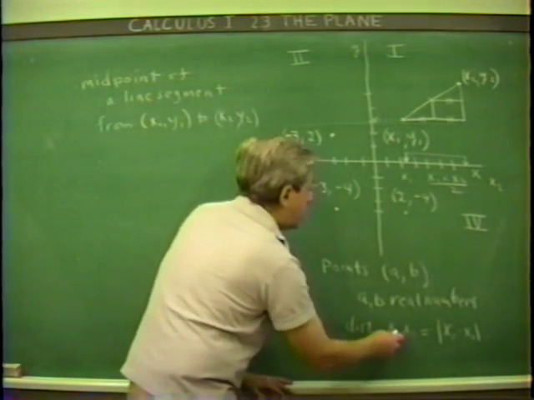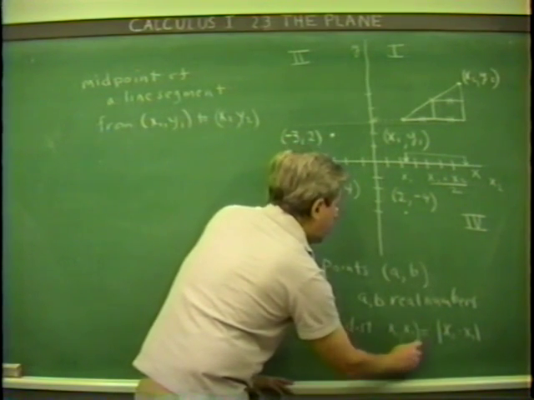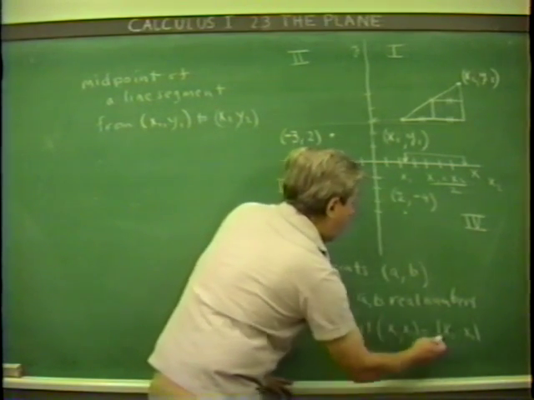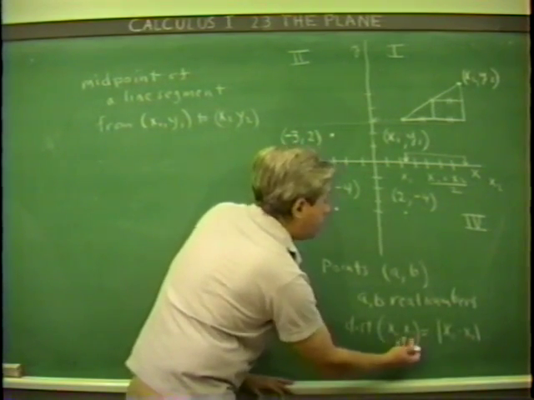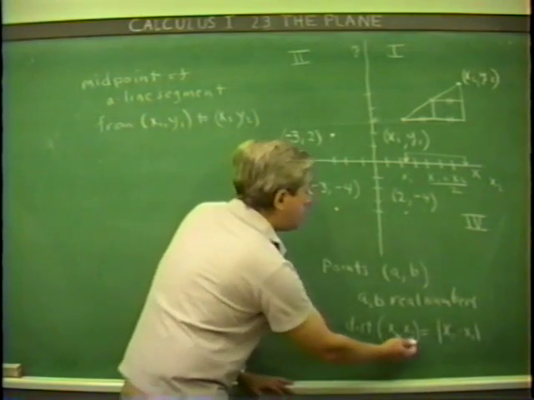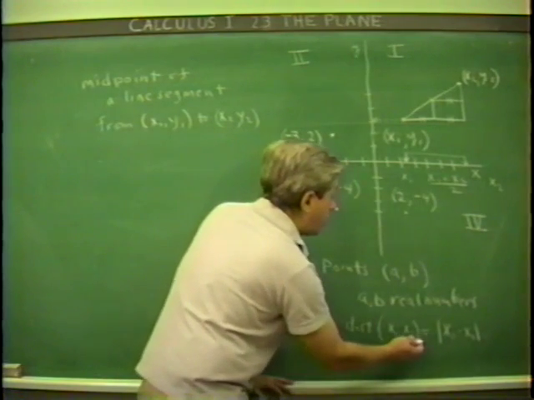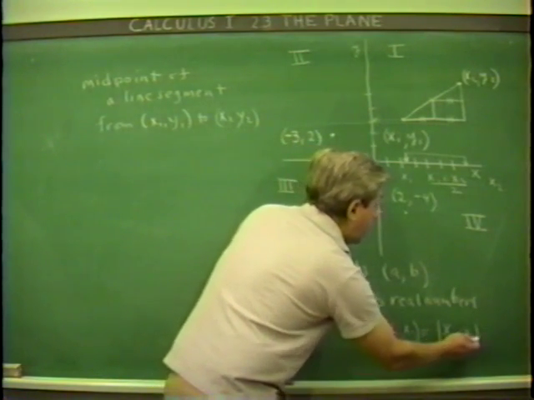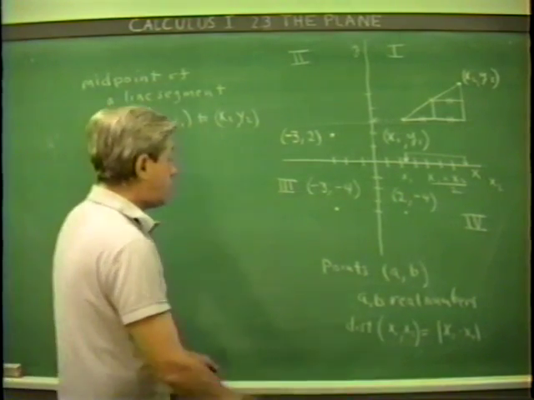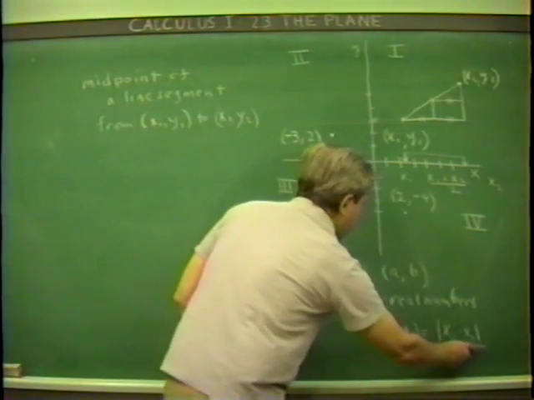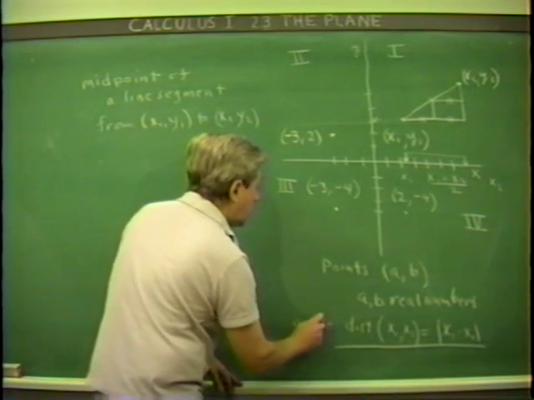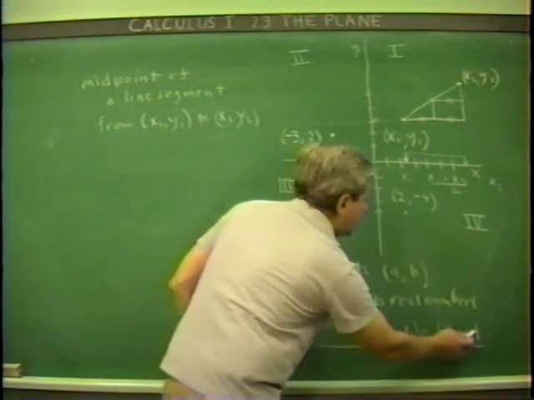This holds in general if the points x2 and x1 are in either configuration. If x2 is to the right of x1, then it's going to be x2 minus x1. If x2 is to the left of x1, then it's going to be x1 minus x2. And that's to say it's going to be the absolute value of x2 minus x1. So the distance between 2 points on the line is given by absolute x2 minus x1.